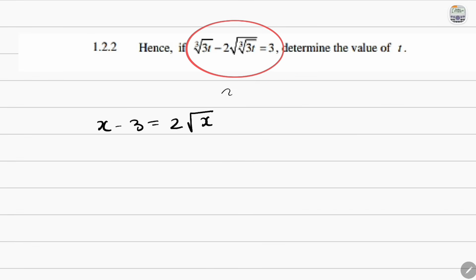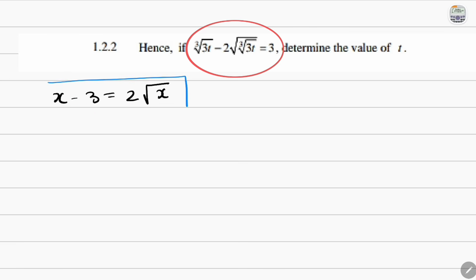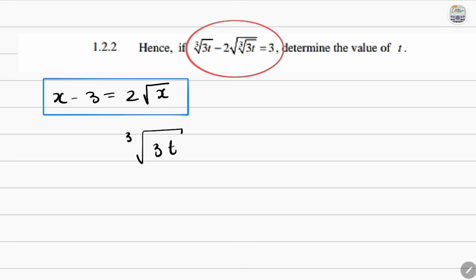We're going to keep this one the same because this is the original equation. But let's just take this, and we have the cube root of 3t. And let's bring that 3 over, so it becomes a minus 3 is equal to, and then take that over, so it's negative, it becomes positive, and it's the square root of the cube root of 3t.